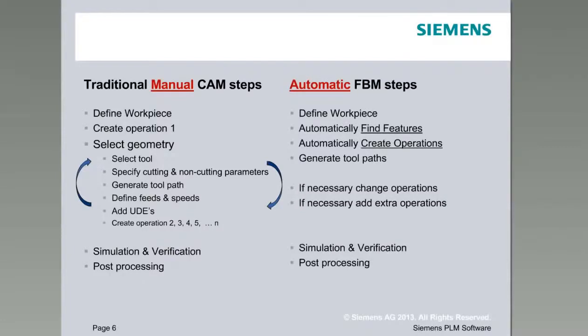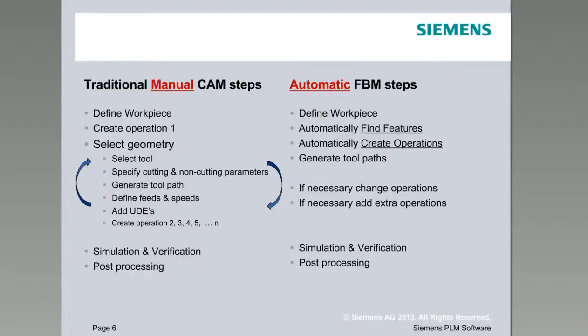Compare that to feature-based manufacturing. The steps are not all that different. You still start with defining your workpiece, your setup, but then instead of manually defining your operations, you perform two steps. You automatically find your features, and you let the software automatically suggest your operations.